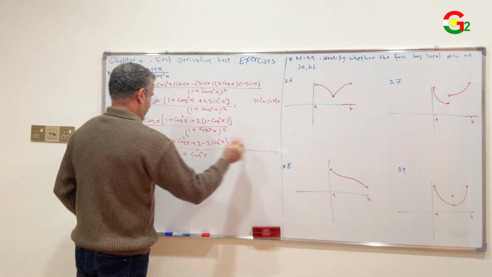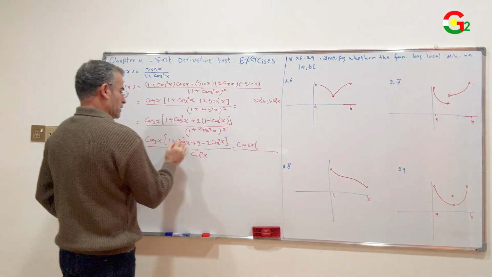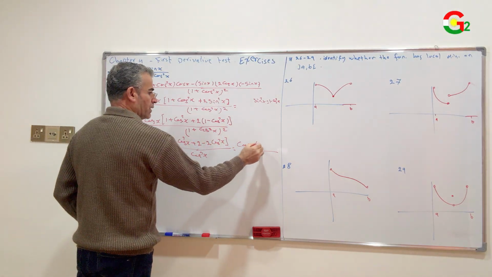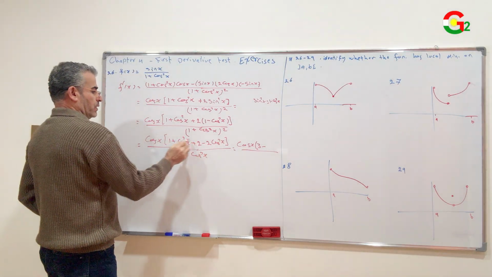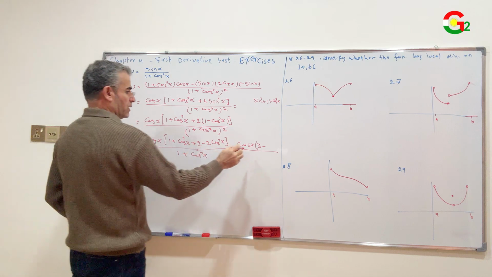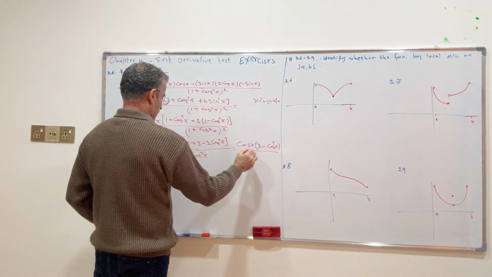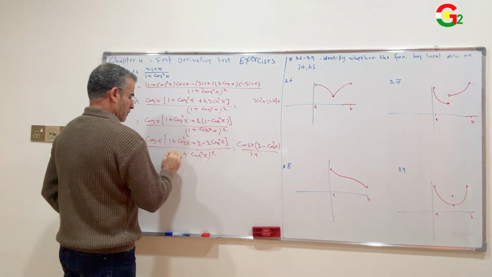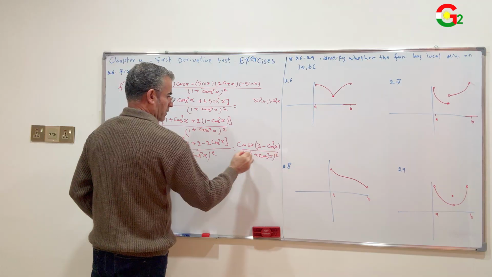That equals cosine x times 3 minus cosine square x over 1 plus cosine square x all square.